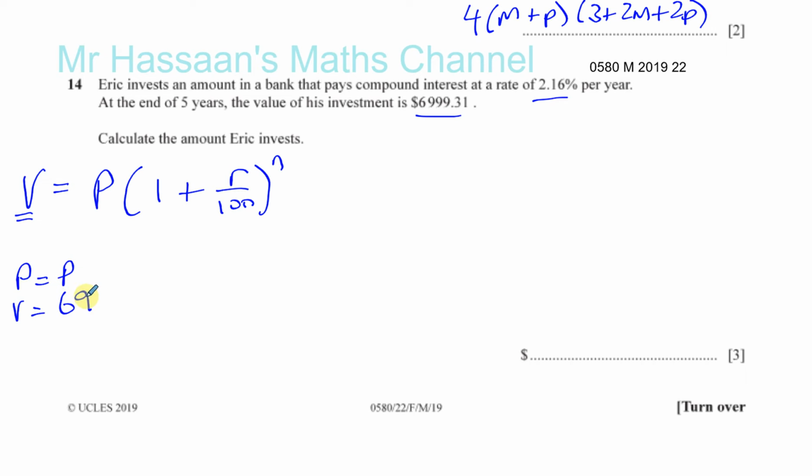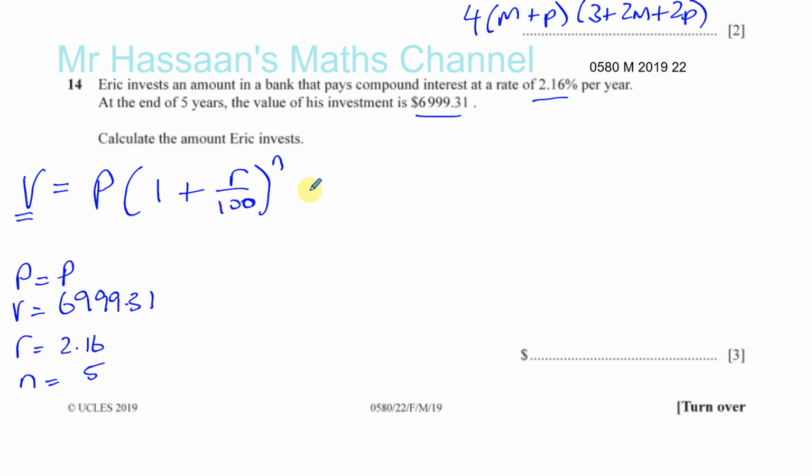P is the initial investment, which we have to find. V is the value of his investment after the 5 years. R is the rate, which is 2.16 percent. I'll leave it like that. And we know that the number of years is 5.